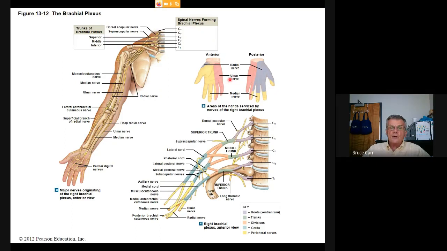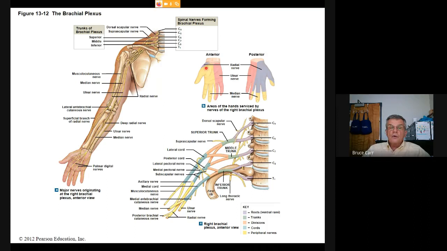So this color pattern shown on the hand for the brachial plexus: those areas shown in yellow are innervated by the median nerve. The ulnar nerve takes a rather long patch, including the fifth digit and half of the medial side of the fourth digit.